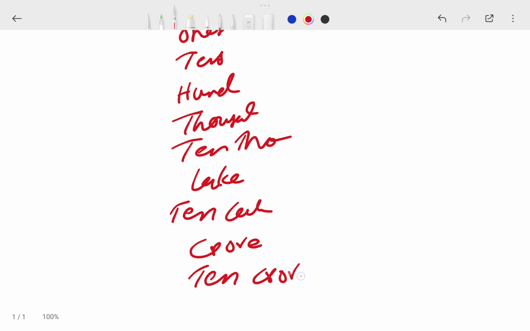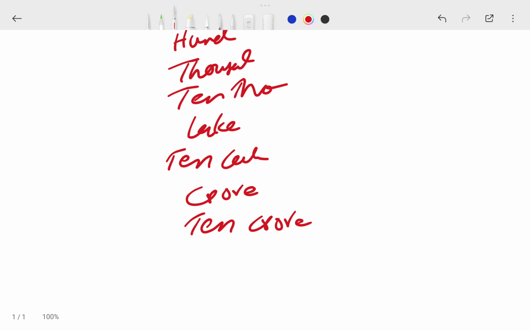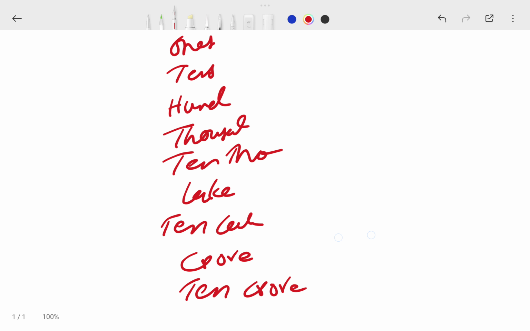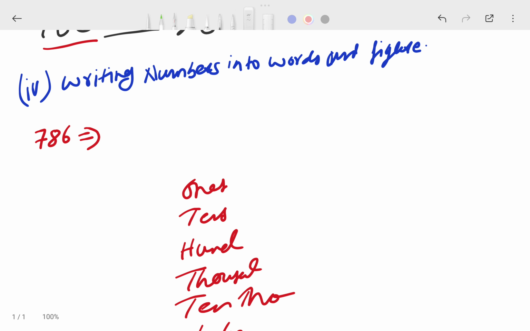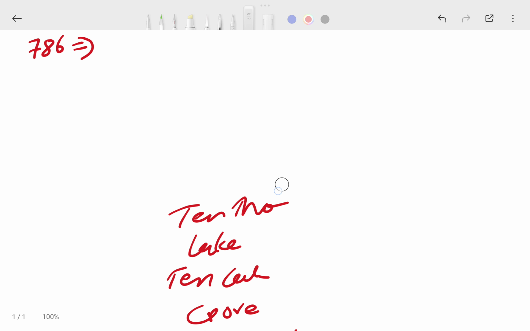After that there are also other numbers like Sankh, Mahasankh, Padma, Mahapadma, etc. But generally we count like that only. So this is our counting.